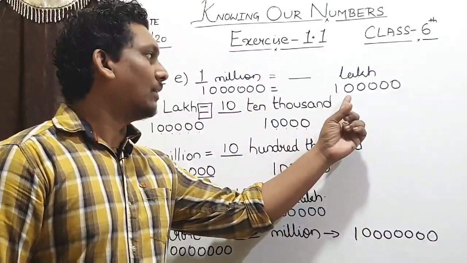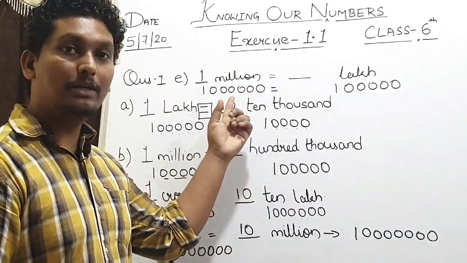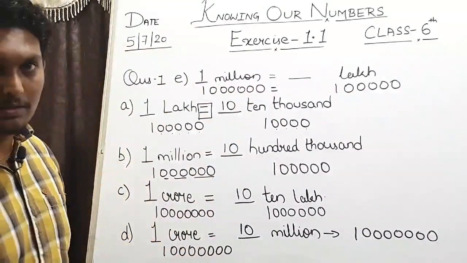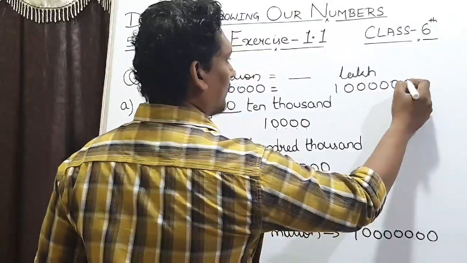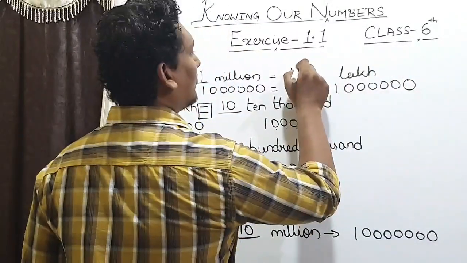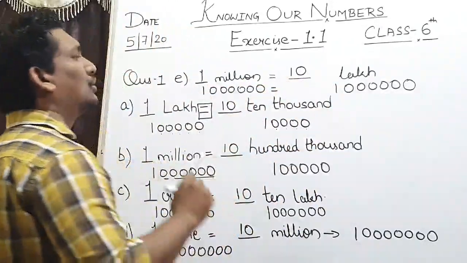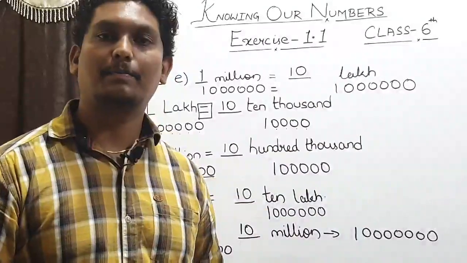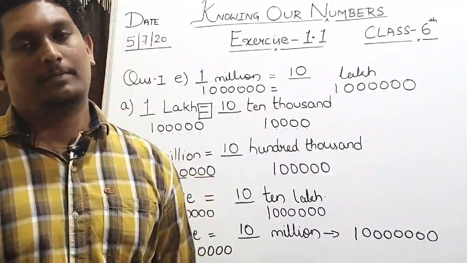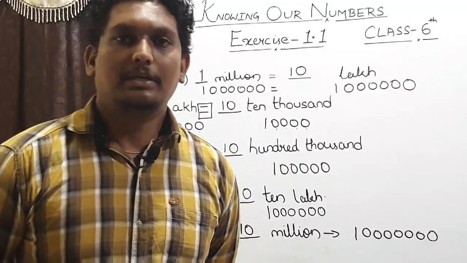To make this 1 lakh equal to 1 million, what do we need? We need 1 zero more. So again we will add 10. So 1 million is equal to 10 lakhs. Okay. So here question 1 is completed.